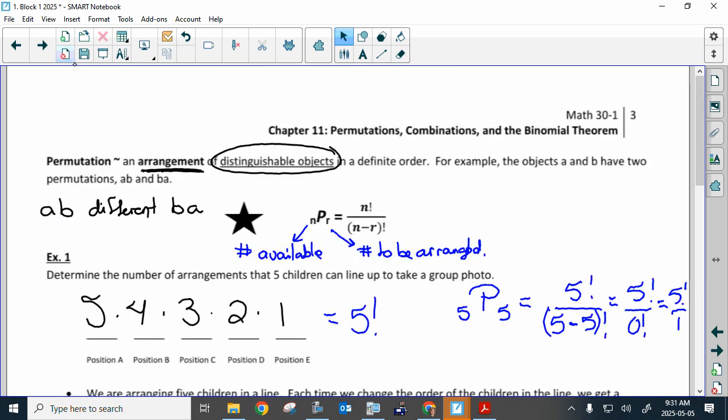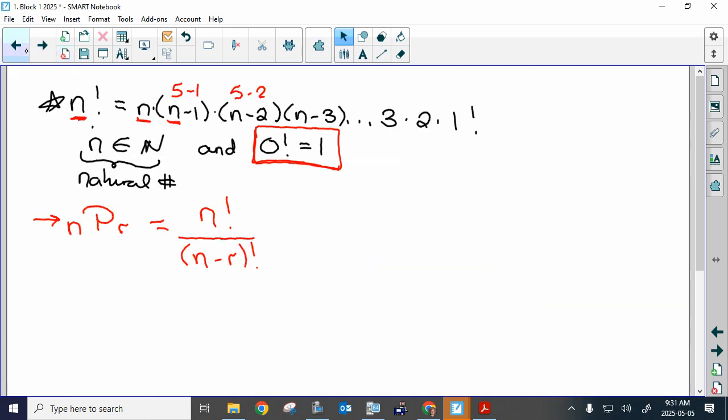we're going to dive into the permutation formula. And we talked about factorial notation. If you had 5 factorial, it's called the product of descending consecutive whole numbers to 1.